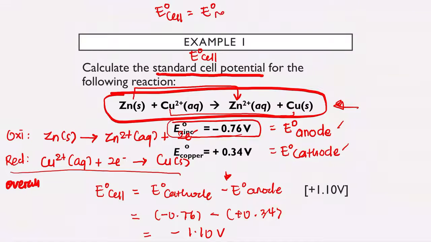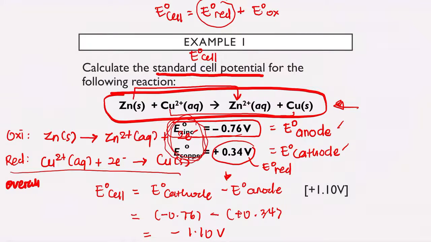Okay. So kalau awak nak guna the other formula, which is E naught cell equals to E naught reduction plus E naught oxidation, that means that your reduction will be, siapa yang undergo reduction? Your copper kan? So this is E naught reduction. Okay. So bila dia bagi macam ni kan guys, this is directly from your SRP.